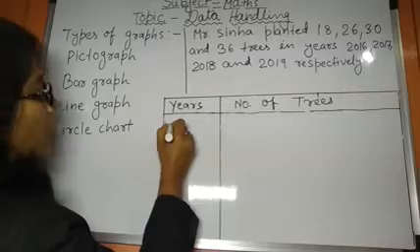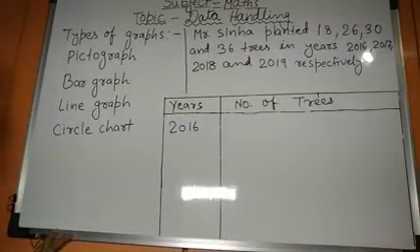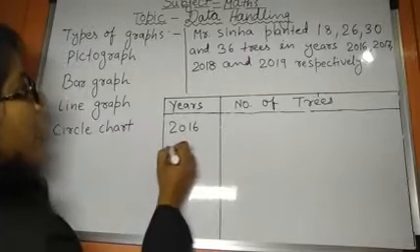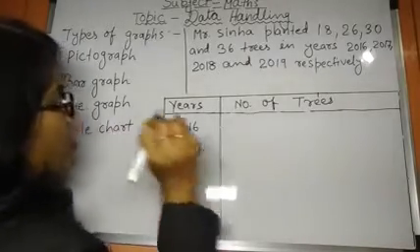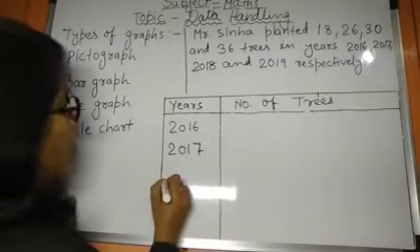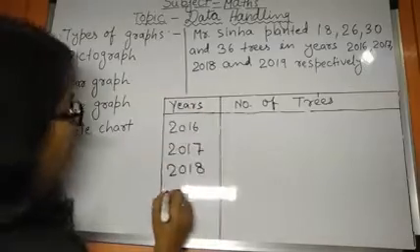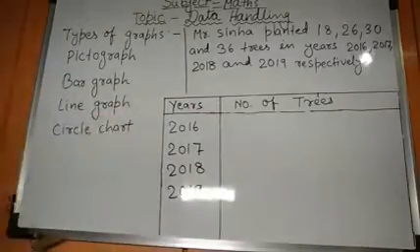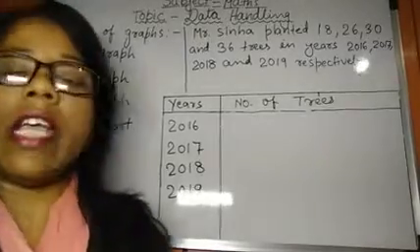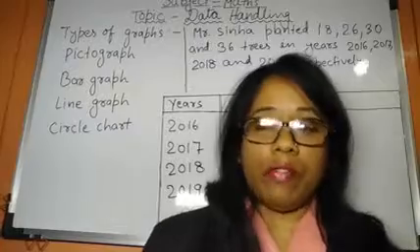Now in 2016, how many trees are there? 18 trees are there. Fine. In 2017, this is 26. In 2018, it is 30. And in 2019, it is 36. Now we have to make a pictograph.